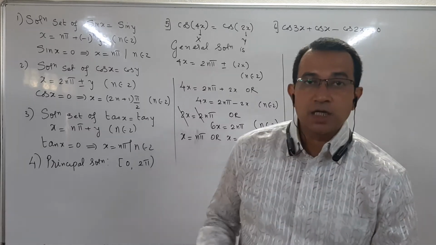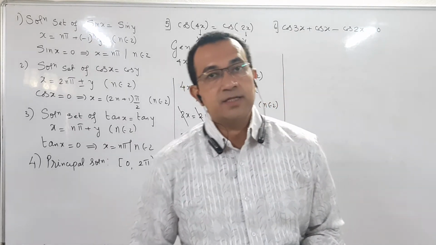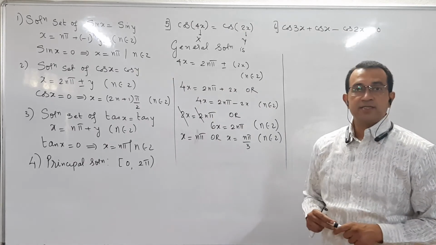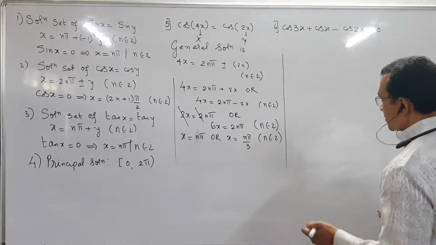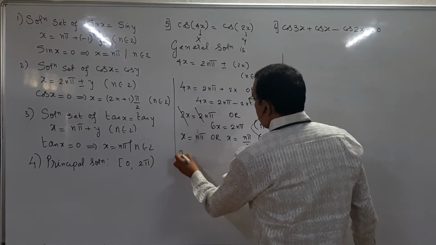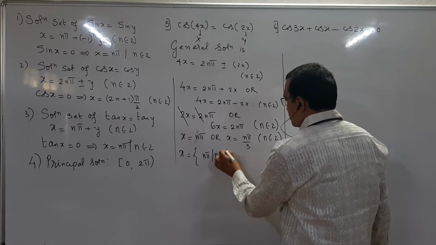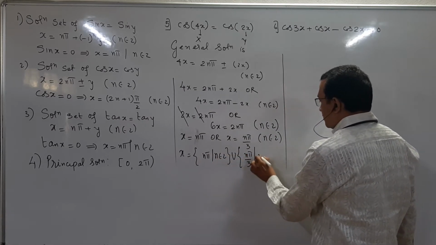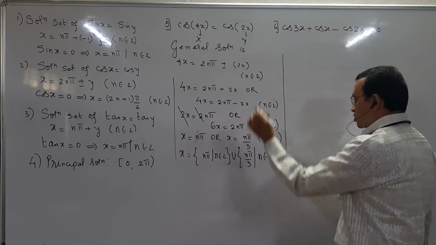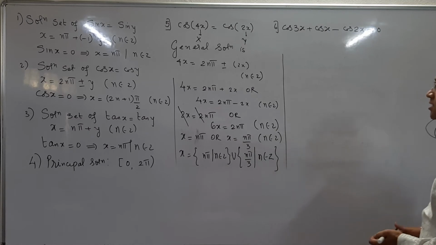Whenever we have to club the solution set, it is always written in terms of union. In fact, here I have told you the keyword for "or" is union. So the final solution set is nπ, where n belongs to Z, union nπ by 3, where n belongs to Z. This is the final solution set.